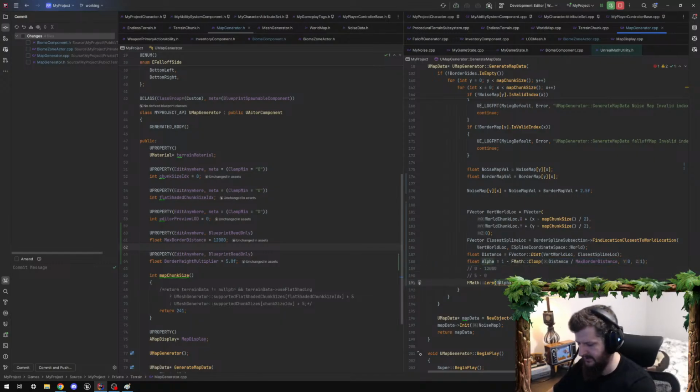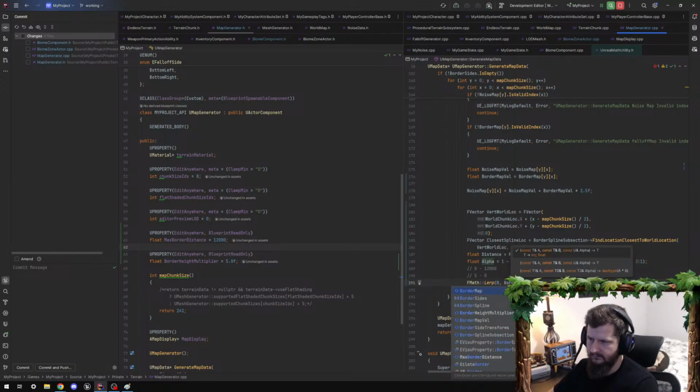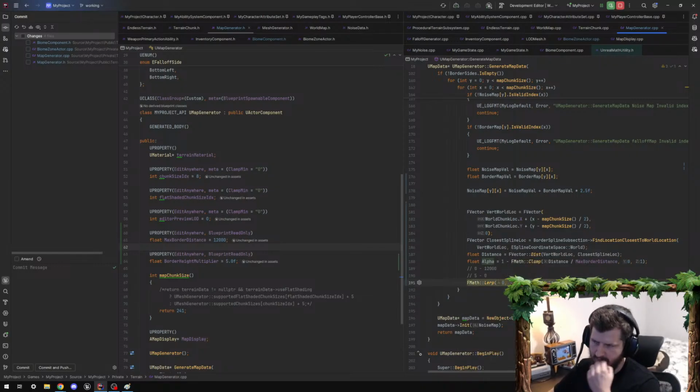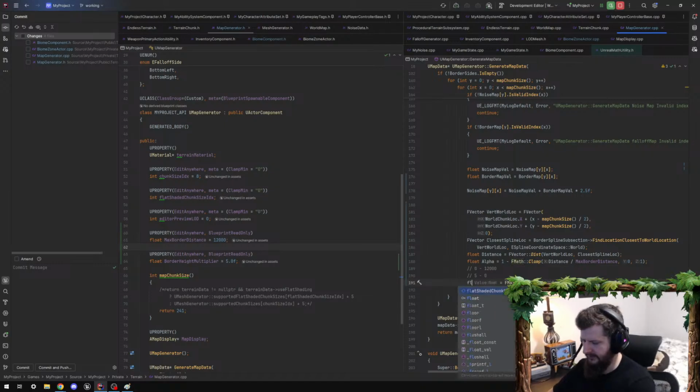And so I guess I'll go 0 and then border height multiplier, and then alpha. And this will give me a value, right? It'll give me like a float, correct? Unused result, it's a float, right? Yeah, okay, float.